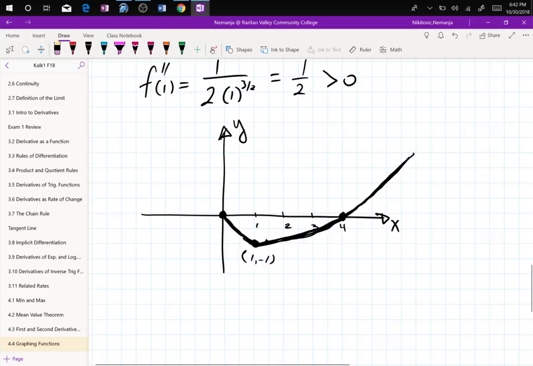And now I go back to the graphing software, same thing. Starts at 0, 0, hits the minimum at 1, -1, goes to 4, 0, shoots up forever, decrease, increase, always concave up. Cool, right?